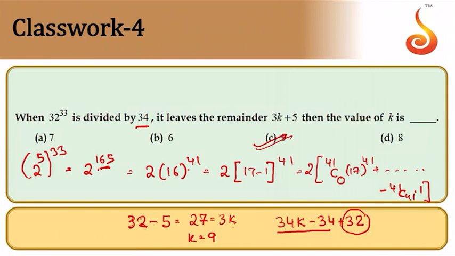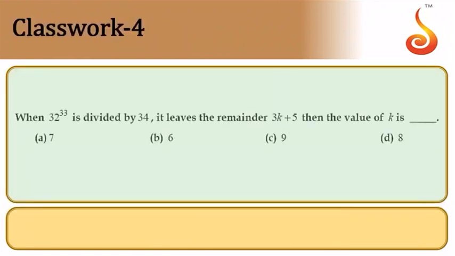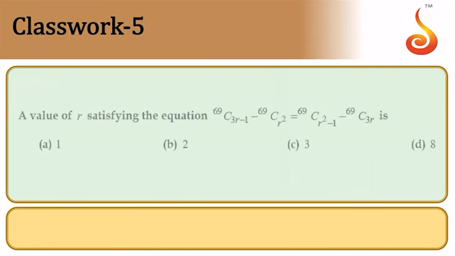So 32 is the remainder because the rest is divisible by 34. So 32 minus 5 is equal to 27, equal to 3k. So k equals 9. So option C is correct.